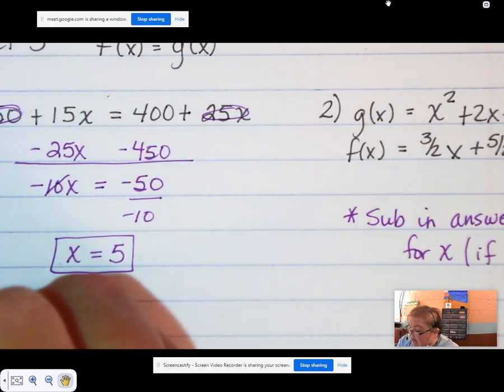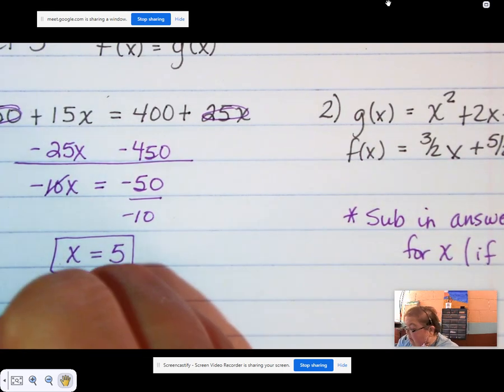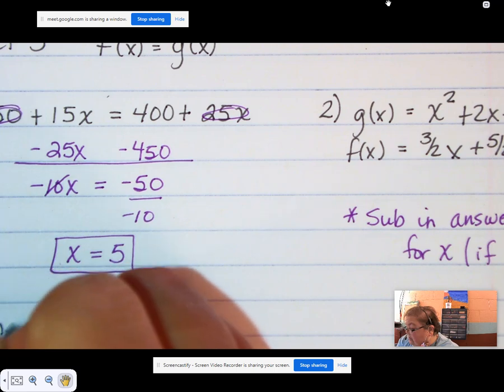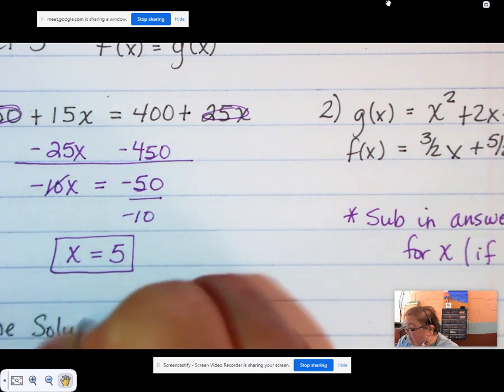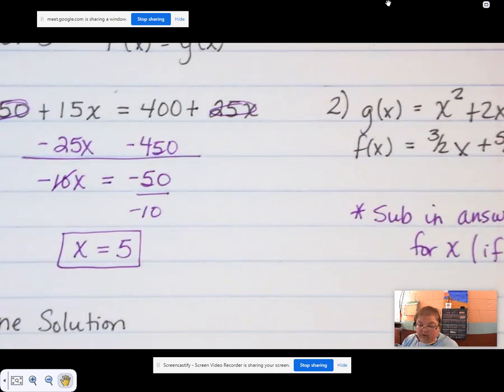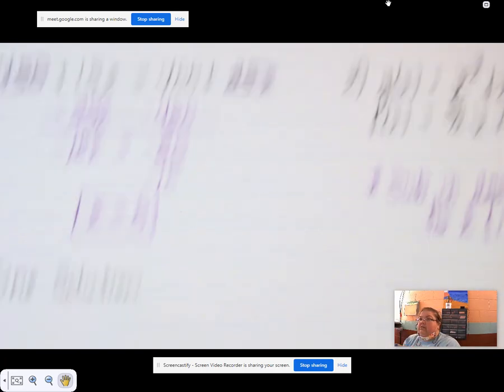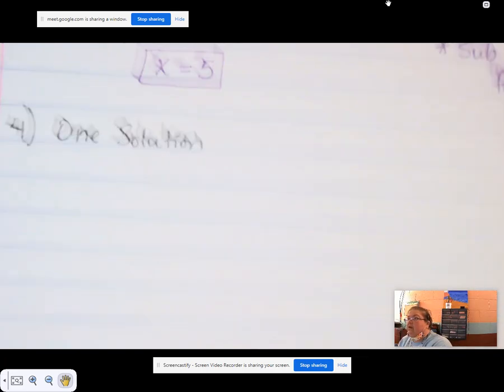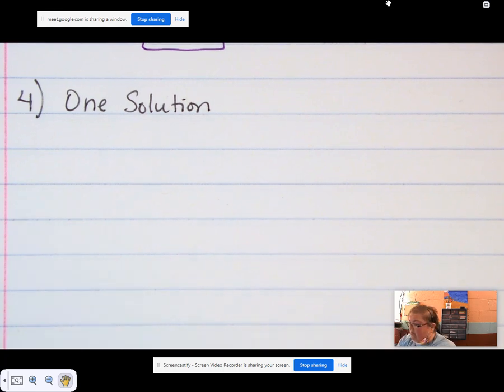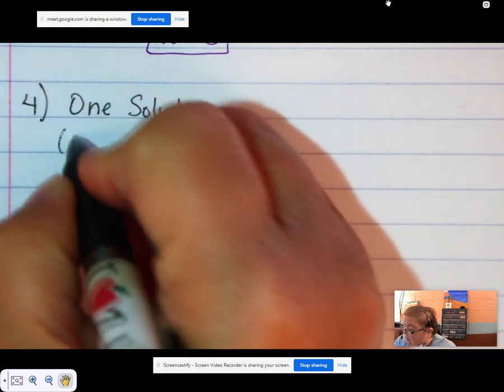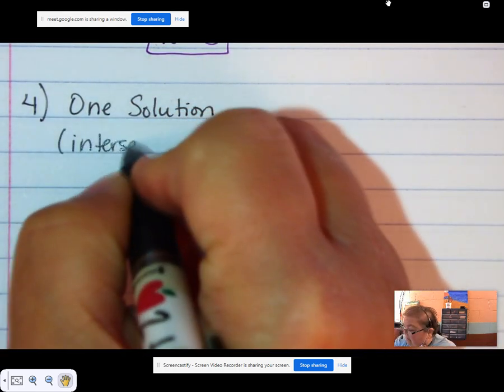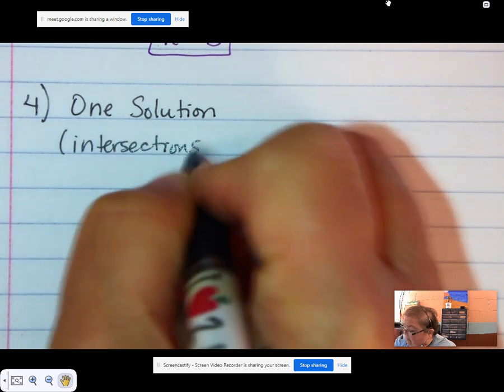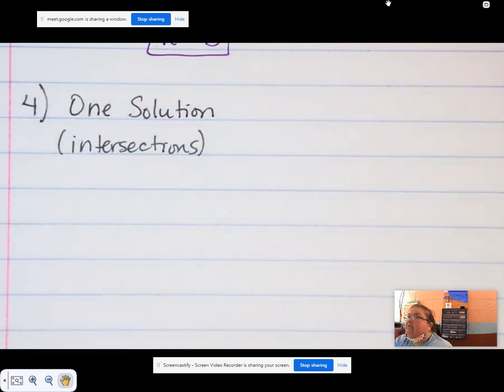What you need to know here is one solution. If you're getting one solution, okay, you're looking for intersections here. So it should only have one intersection. So that's your note for that.